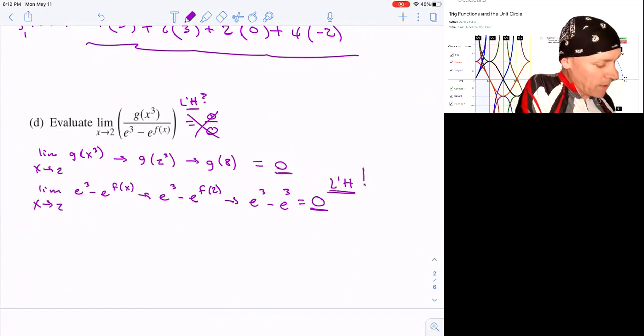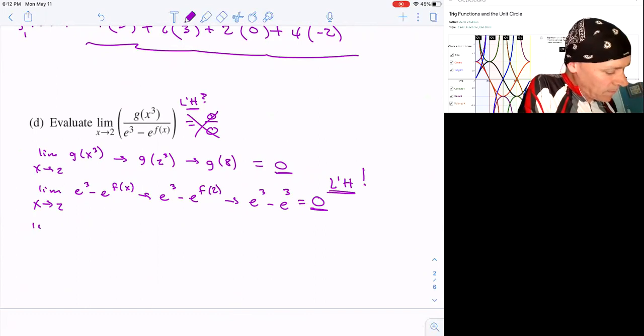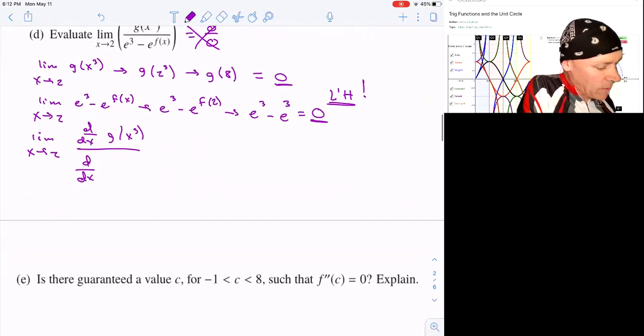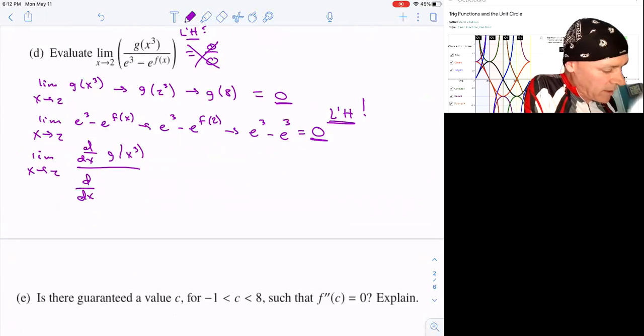Now, when x approaches 2, d dx of g at x to the third over d dx of e to the third minus e to the f of x. I'm just showing that I'm taking the derivative of the numerator and the denominator. This gives me a new limit expression, still as x approaches 2.